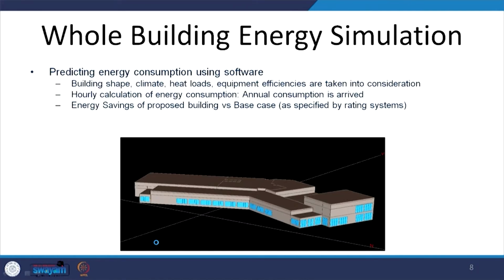So, in the last 2 lectures we will be looking at the whole building energy simulation, where the tool takes into account the building shape and geometry, climate, heat loads, equipment efficiencies, and it calculates the hourly energy consumption, and based on that the annual energy consumption is arrived at, and then we compare the performance of the proposed case versus the base case.